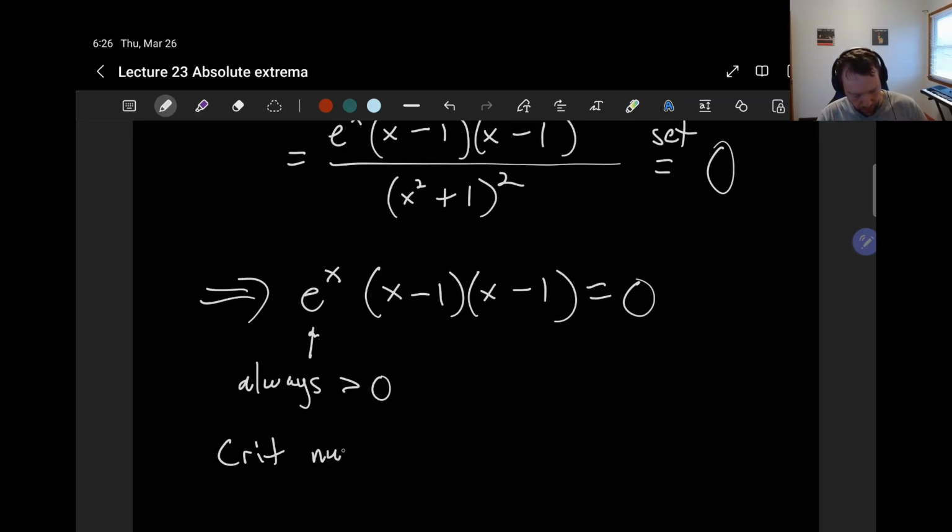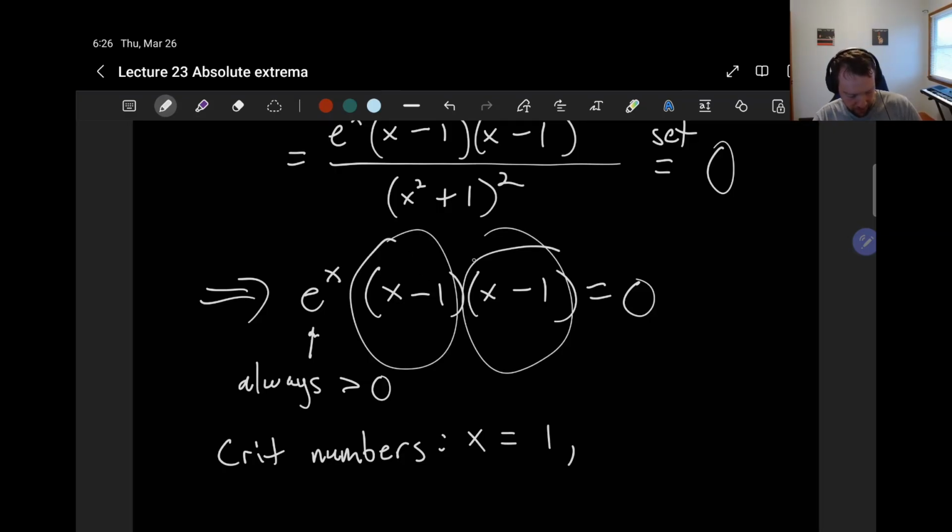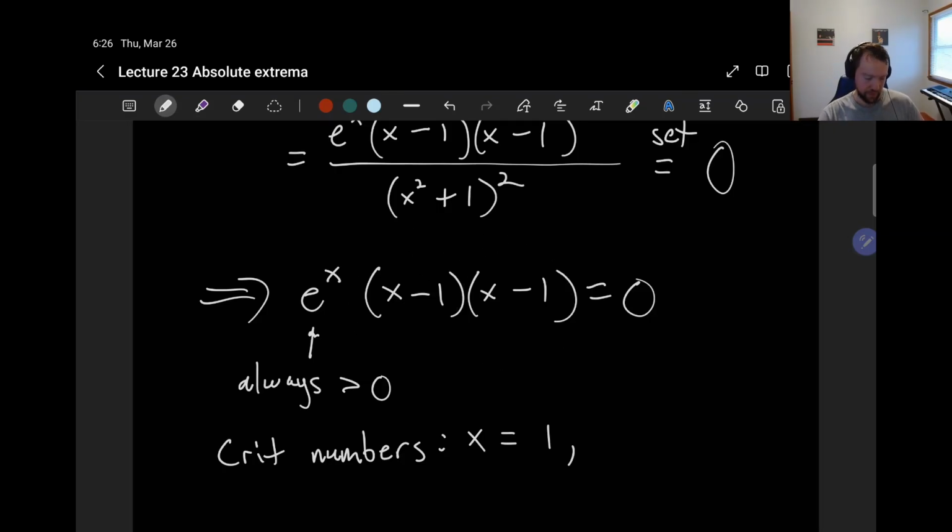So the critical numbers, when x is 1, that makes both of these factors 0. The e is not going to get us 0 ever. And remember, we have endpoints here in this problem.